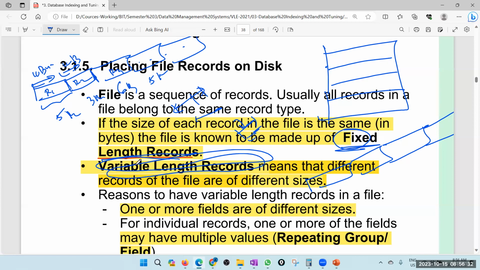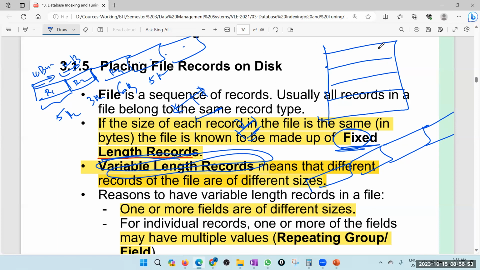So that is the difference between fixed length record and variable length record. Each approach has its own pros and cons. Obviously, if you have the variable length record, it is more storage efficient. We need less storage because we don't waste our storage. But when it comes to accessing and handling the records, it is more complicated.